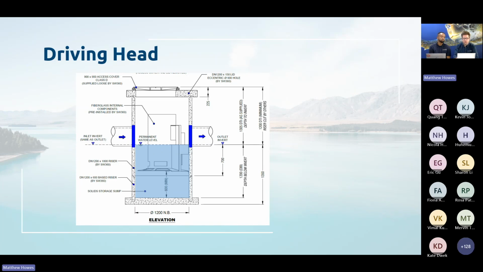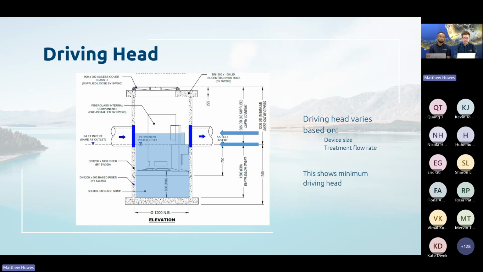With the cascade separator, as water flows in, it builds up behind the weir and within the internal components, and then comes down, up, and over the top of that weir to discharge to the outlet. The water level that builds up behind that weir at the design treatment flow rate provides us with the driving head.